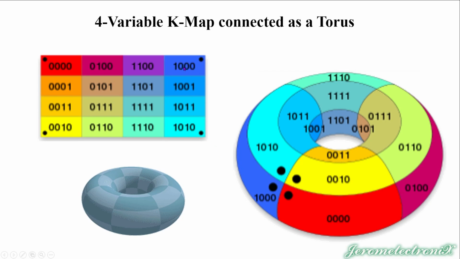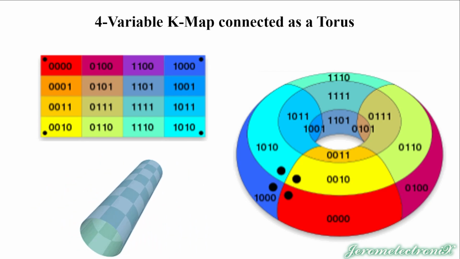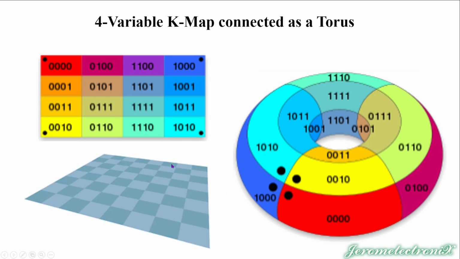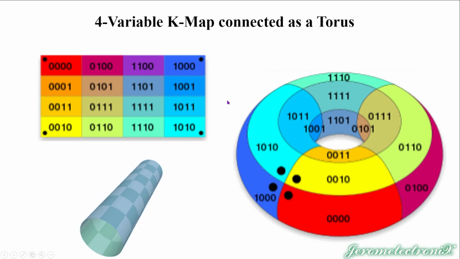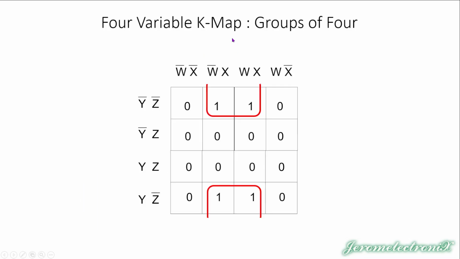So light blue and dark purple can be implicated together, and yellow and red can be implicated together. Yellow and light blue can be implicated together. It's just saying that if you think of a K-map as a torus, then you understand a little better why these corners can be implicated together.